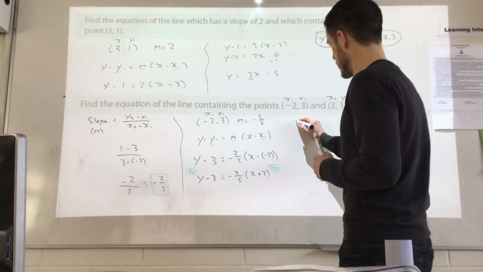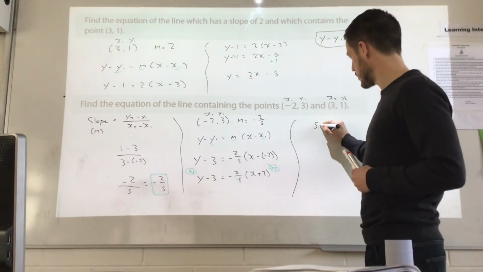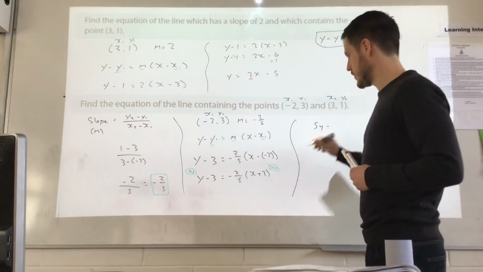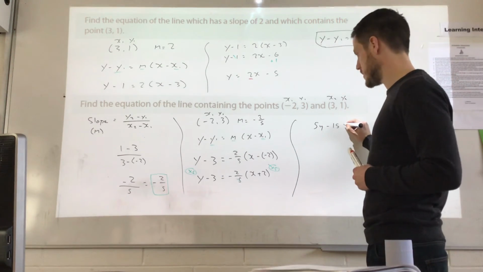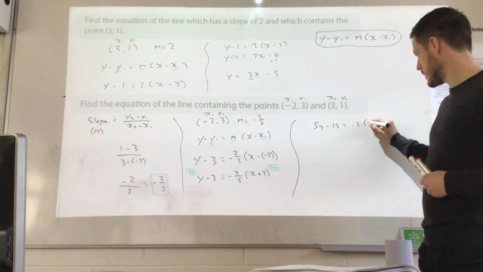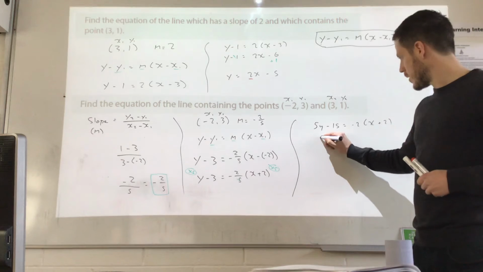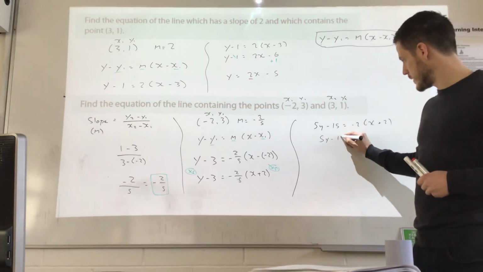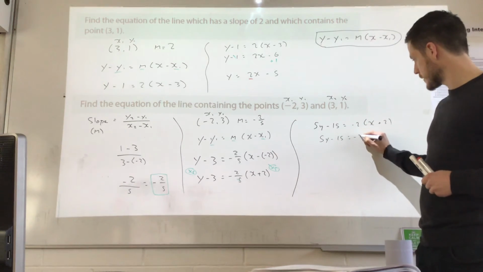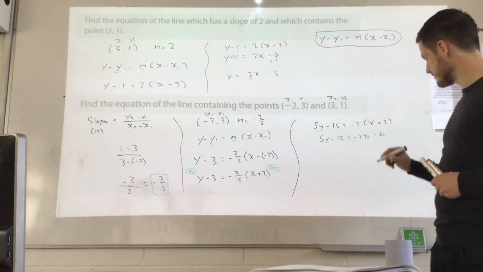So I go 5 times y is 5y, 5 times minus 3 is minus 15. This minus 2 here, I get minus 2 on x plus 2. So I get 5y minus 15 is equal to minus 2x, minus 2 times 2 gives me minus 4.